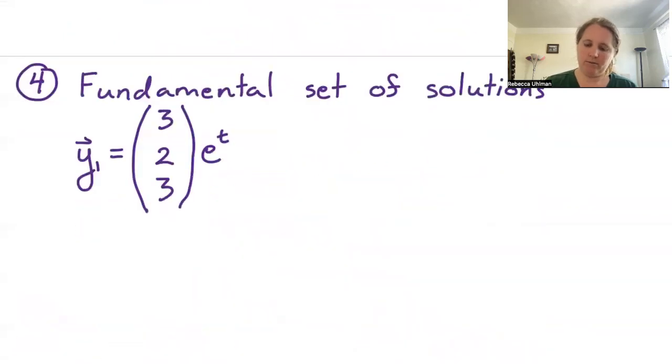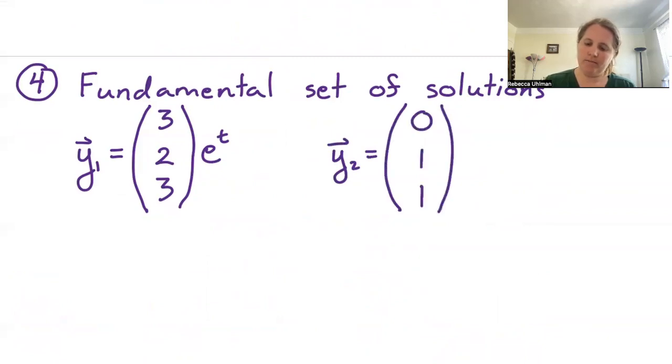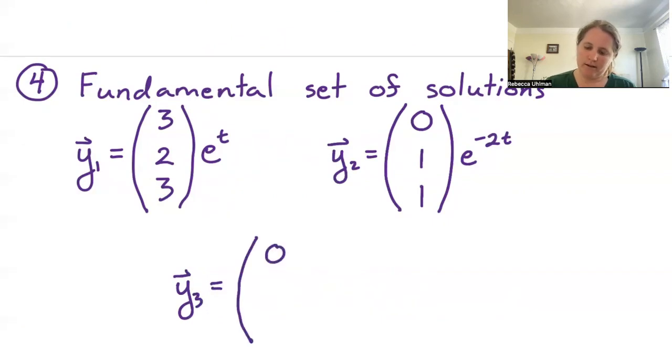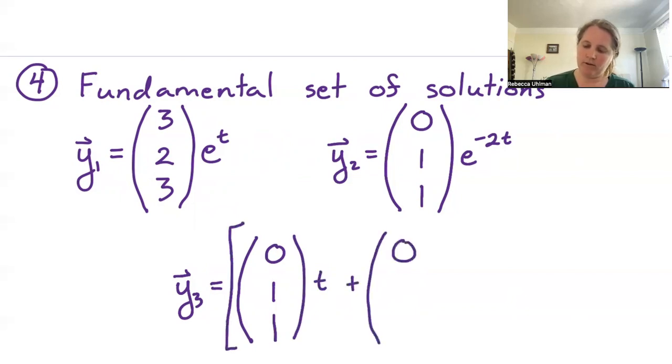Our y2, we found the eigenvector 0, 1, 1. Our lambda was -2, so we will multiply by e to the -2t. For y3, we will have the eigenvector from lambda equaling -2, so 0, 1, 1, multiplying t, plus the eta we found, 0, 0, 1.